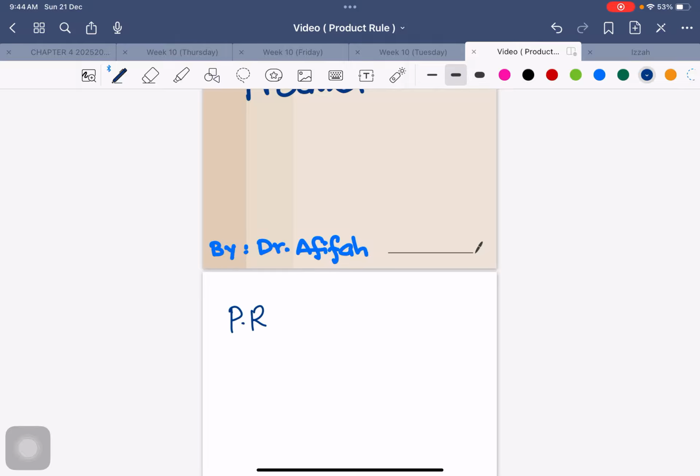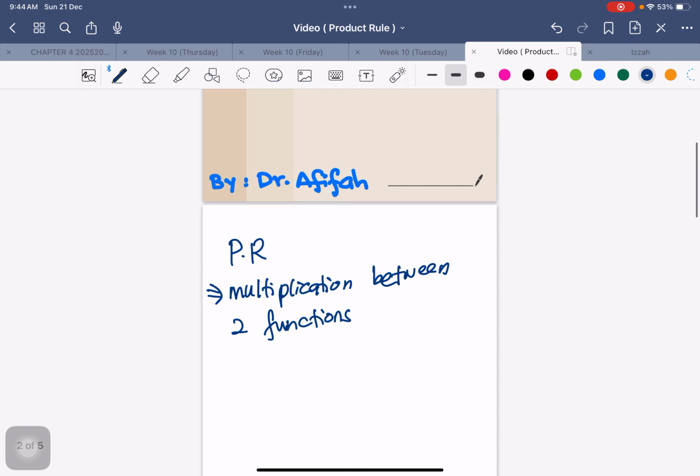When we want to use product rule, when we have a multiplication between two functions. Two functions can be anything.